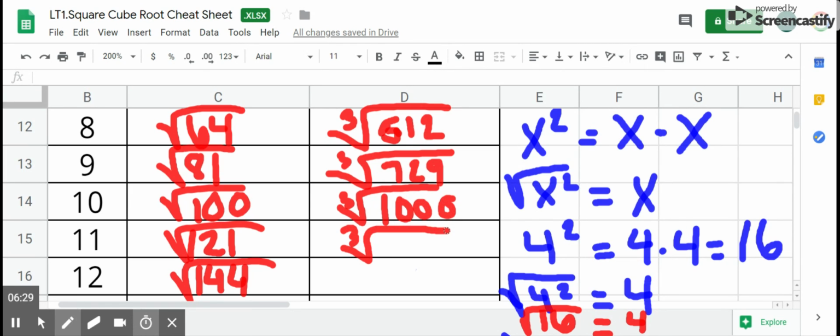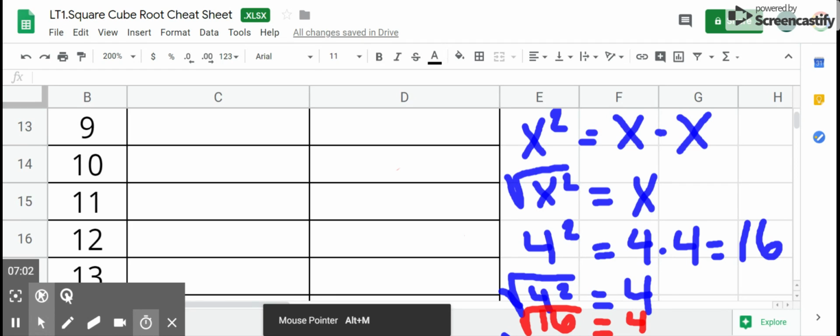Next one, 11 times 11 is 121, times 11, we have 1,331. And then the next one, 12 times 12, which is 144, times 12, we have 1,728. Again, make sure you jot these down so we can erase and finish the rest.